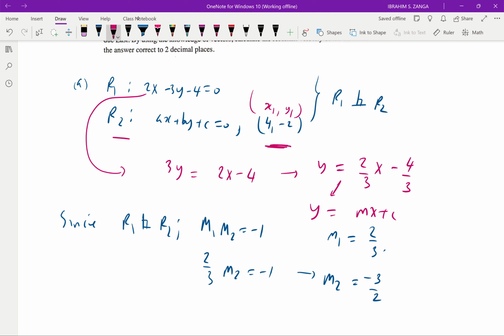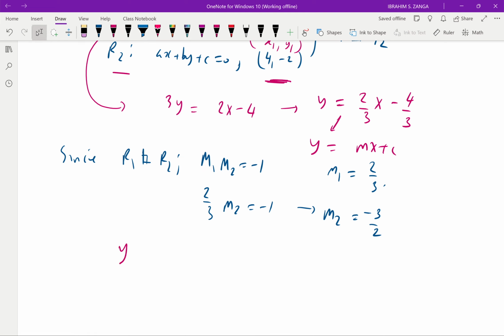Okay? So we're going to say that the equation is y equals m(x minus x1) plus y1, and now we're going to focus on m2, so it will be m2(x minus x1) plus y1.